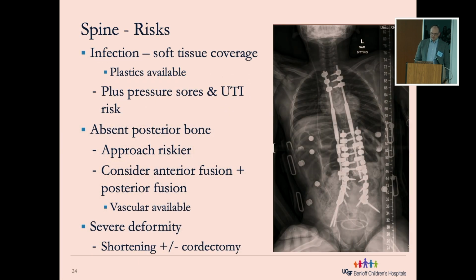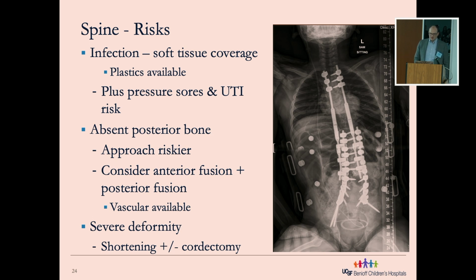So what are some of those risks? We highlighted them already. Infection is a high risk with this surgery. Between the soft tissue coverage, you also have other pressure sores that may introduce bacteria into the bloodstream. UTI risk is also ever present in this population.